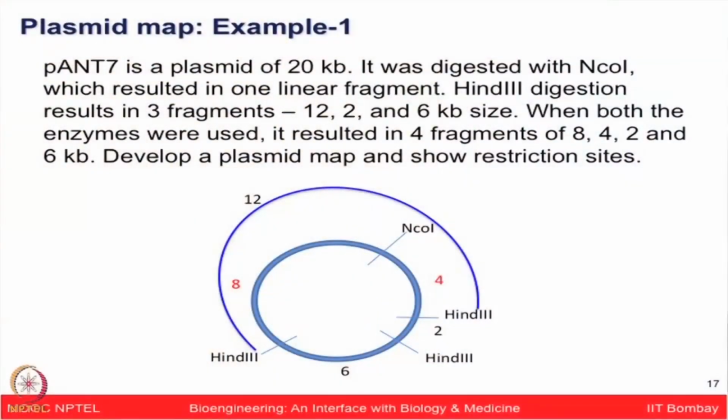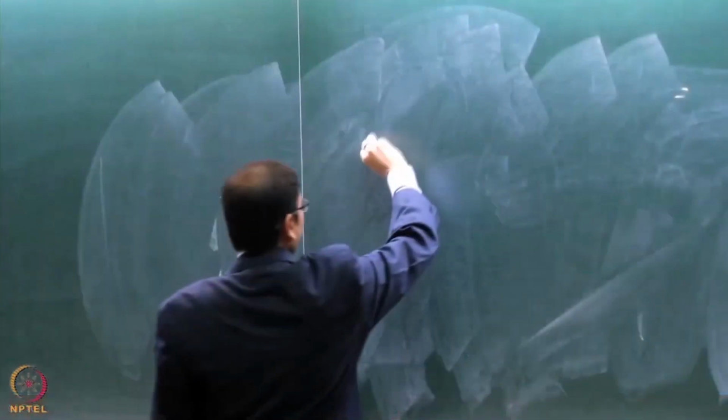Imagine you have a vector or a plasmid which is 20 kilobase pair long, and now you are using two restriction enzymes. One enzyme is NcoI, second enzyme is HindIII. By doing these restriction digestions, now you are generating certain fragments. So it's a good idea to take your notebooks and let's start doing a few examples here.